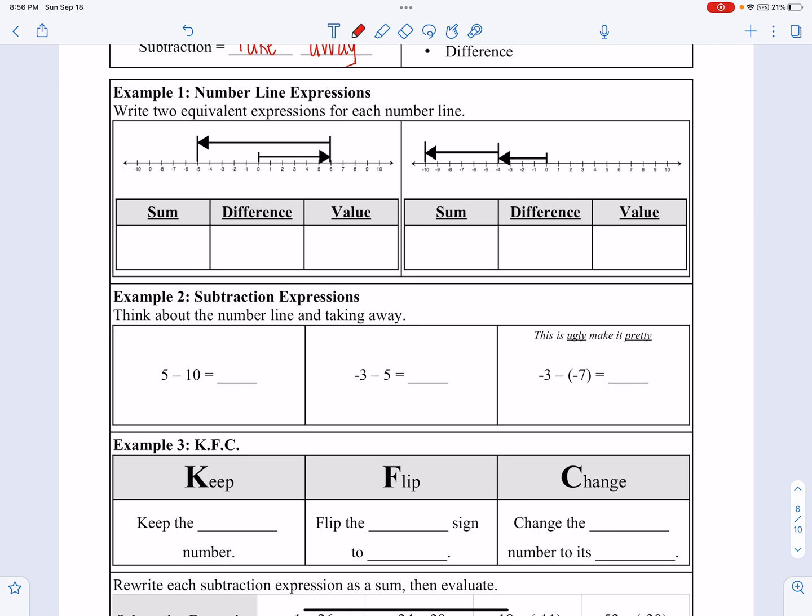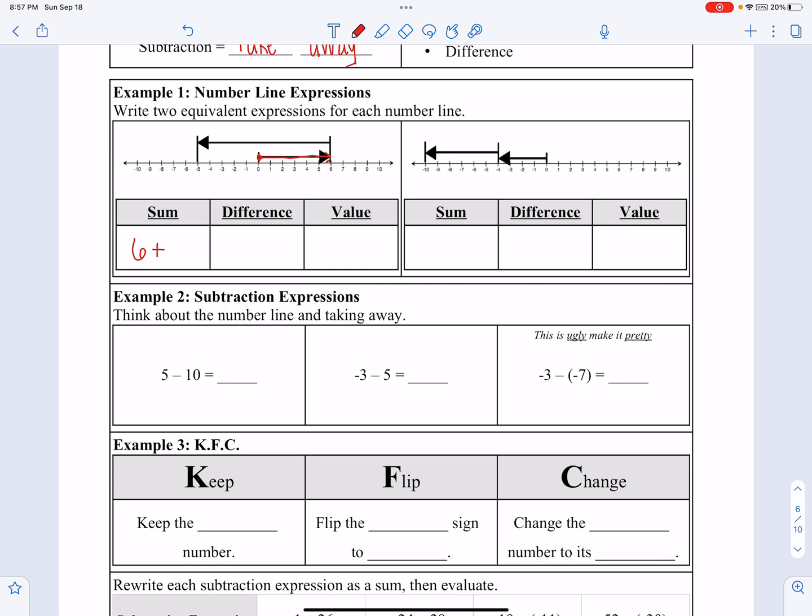These are our number line expressions. We've already done the sum in the last lesson, so nice little review here. We always start at 0 to identify our first number, and we see that it is going to 6, so our first number is 6, and we're writing the expression as a sum, so an addition expression, and so now we are adding the negative amount because we see it's going to the left.